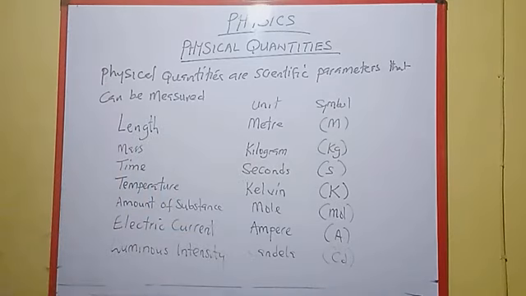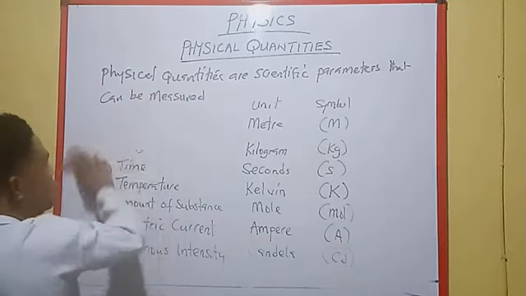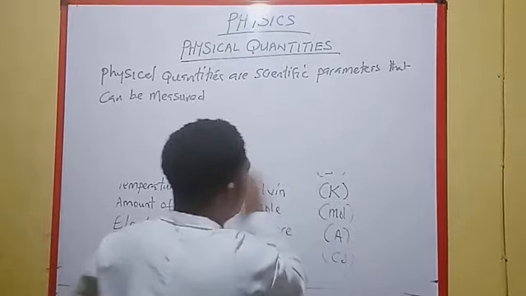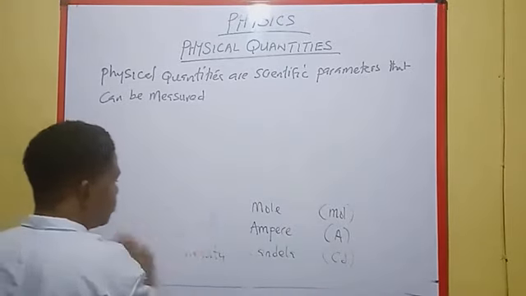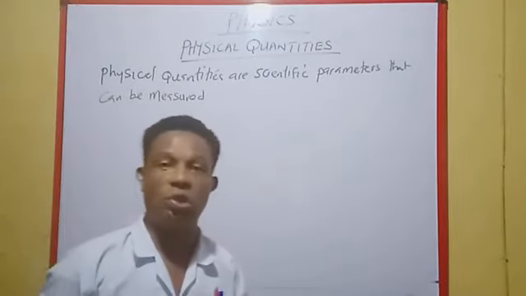All these are examples of fundamental quantities. Now let's go to the second part, which is the derived quantities. What are derived quantities?